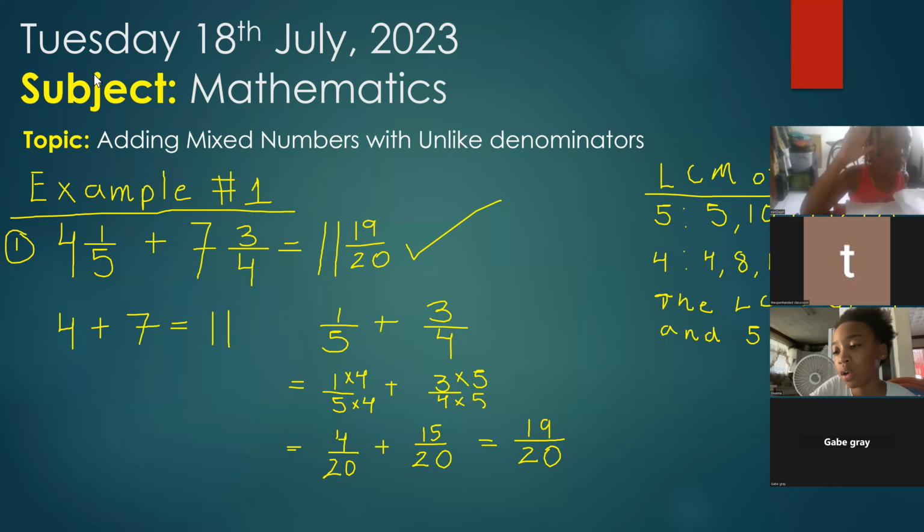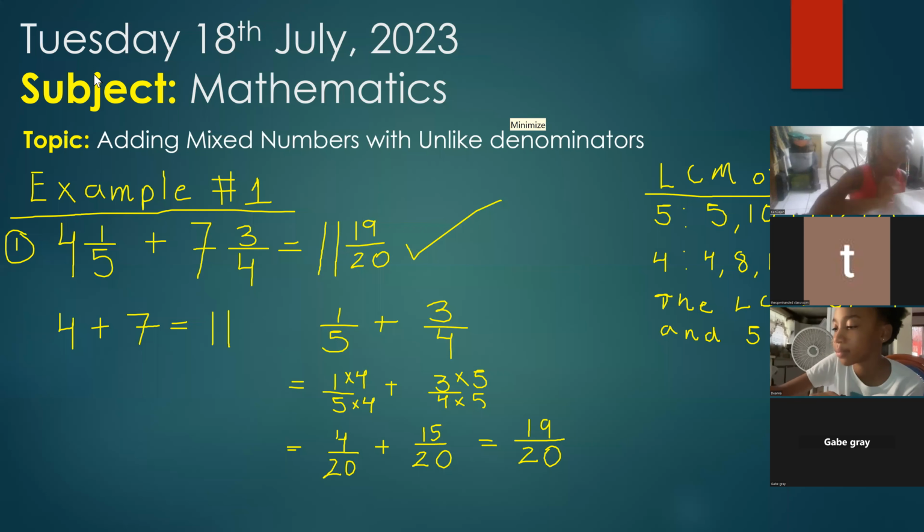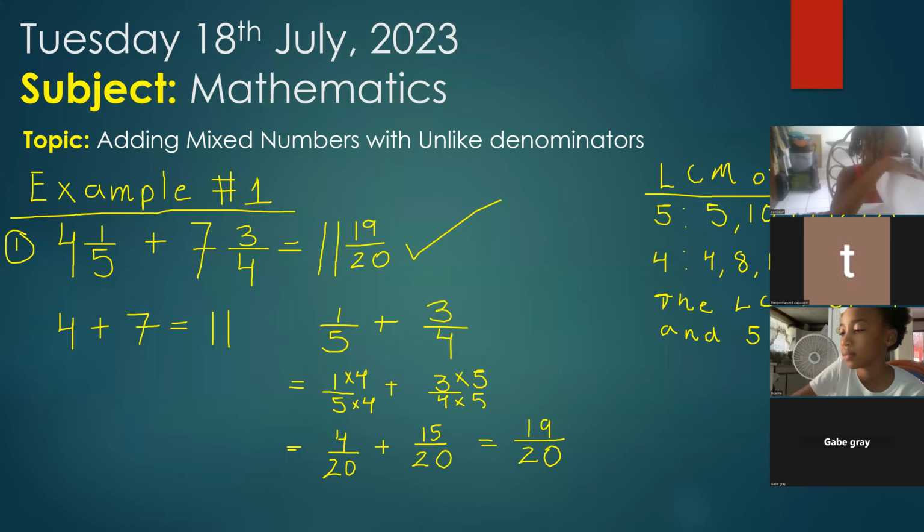What's the first thing that we do? No, 11 and 19 over 20. You know how we got that? Or you need me to explain it again? Okay, so can you hear me on the Zoom?